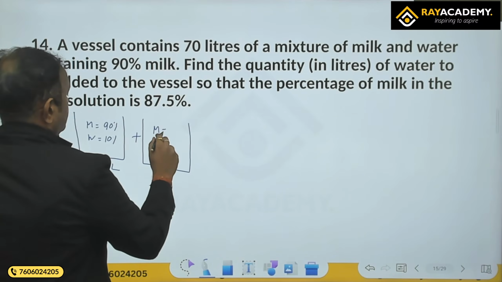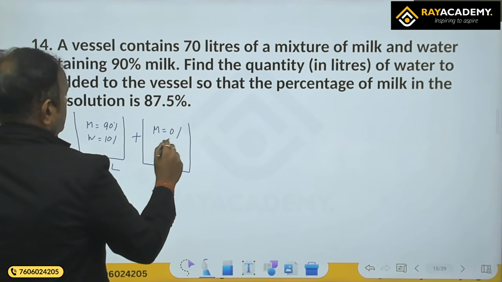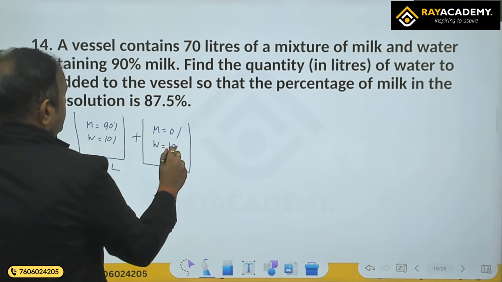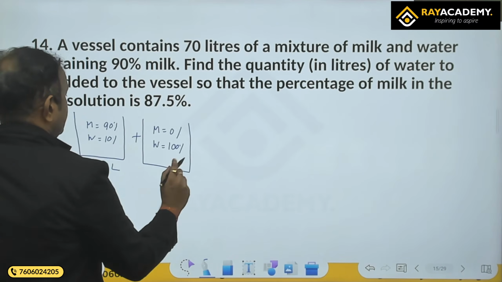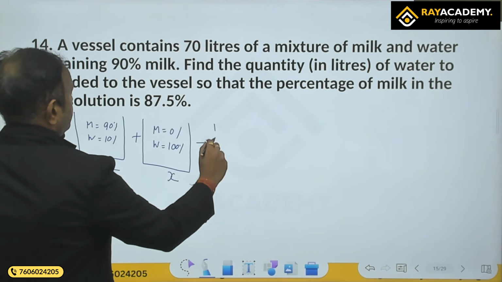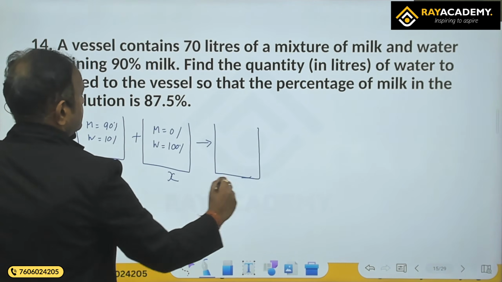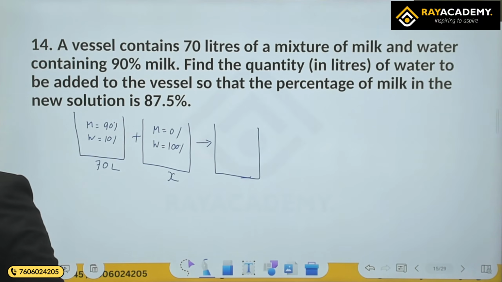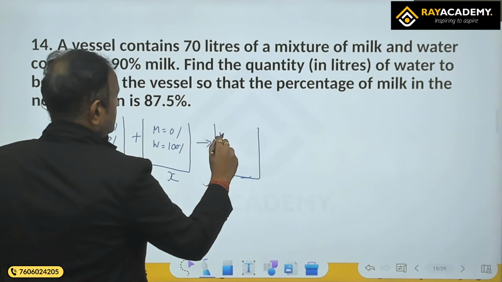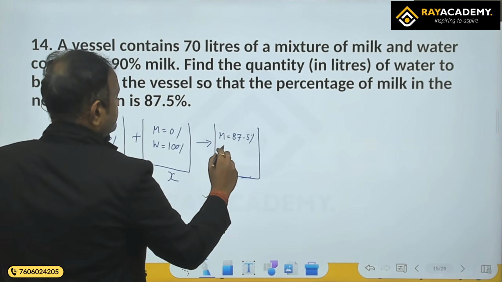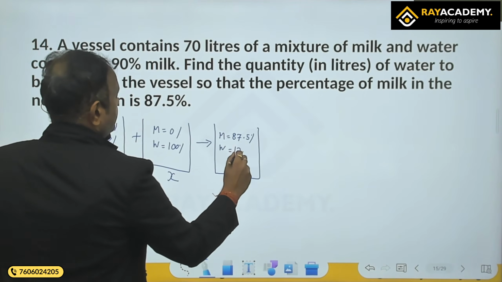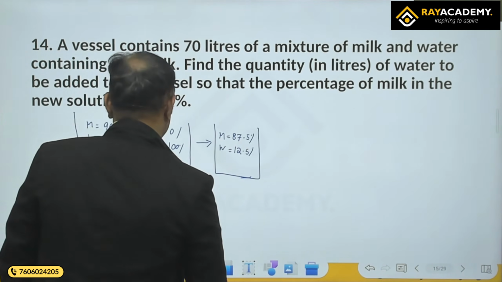So milk 0 percent, water 100 percent. It is x liters, I don't know. The final mixture is such that the percentage of milk in the new solution is 87.5 percent. Water is 12.5 percent.